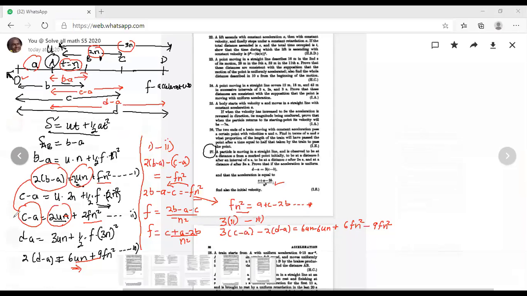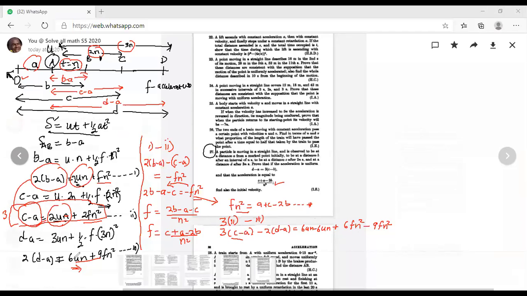I have multiplied this one by 3, the whole of it. By 3, to create a 3c minus a, which is this one. 3 times 2, which is 6. 3 times 2, which is another 6.